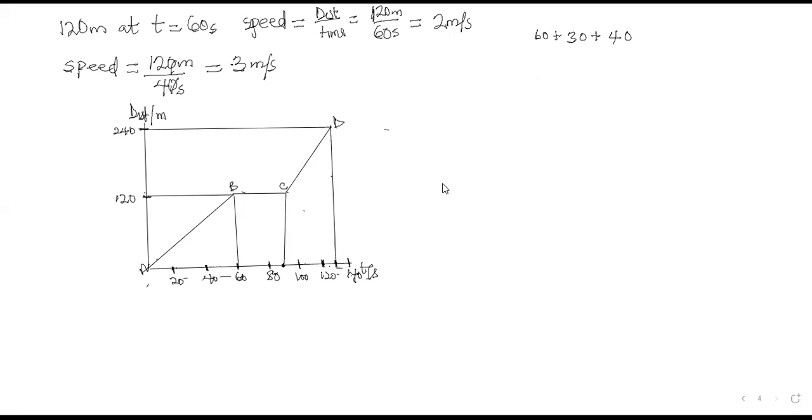So another sketch: time axis, then displacement axis. Over here, we are not interested in the total distance. It's not a question of total distance, but the position of the body relative to a reference point.